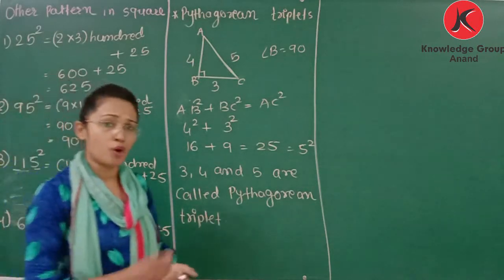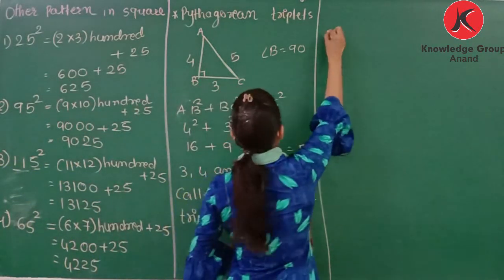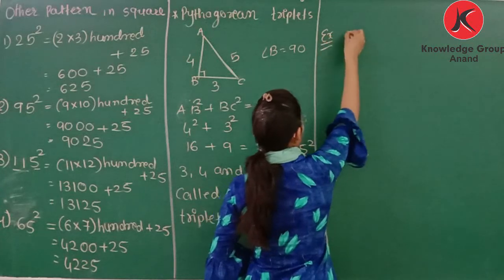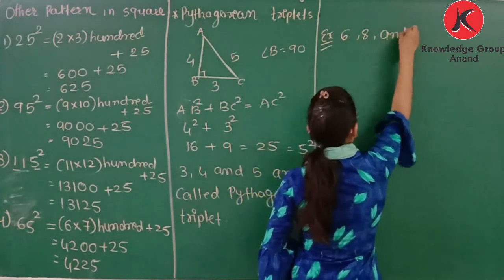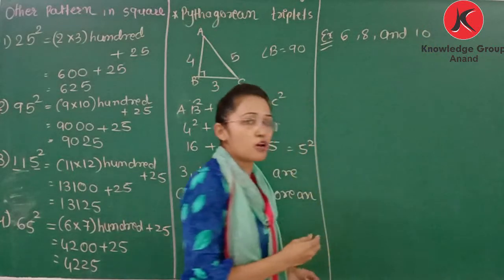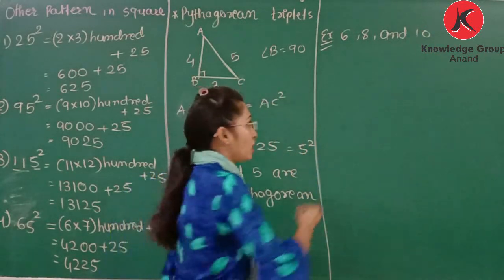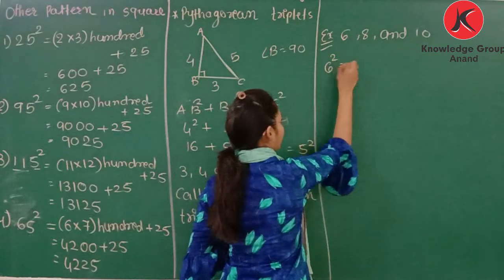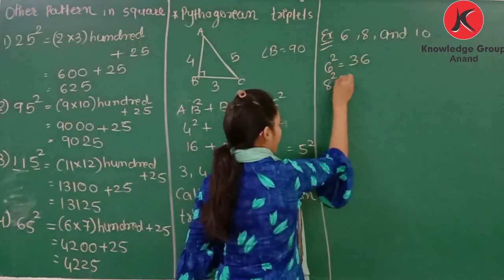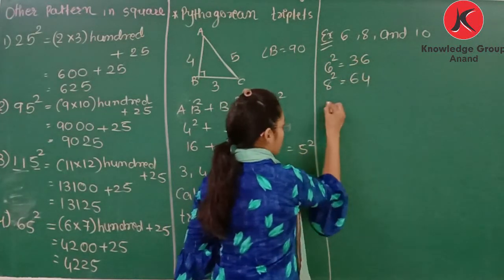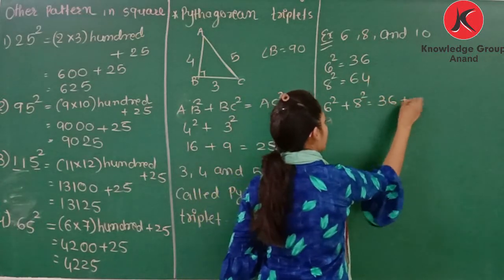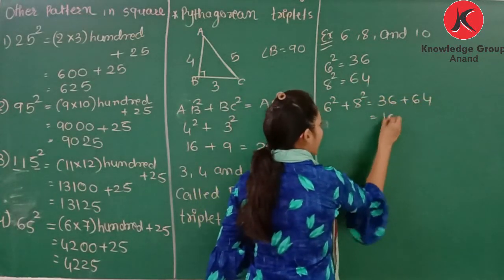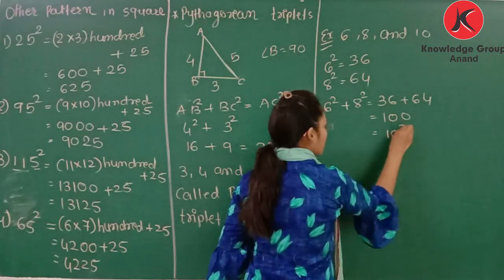We can find one more Pythagorean triplet. Let's see: 6, 8 and 10. This is also a Pythagorean triplet. Why? Because 6 square is 36, 8 square is 64. So 6 square plus 8 square is 36 plus 64. So you will get 100 and that is what? 10 square.